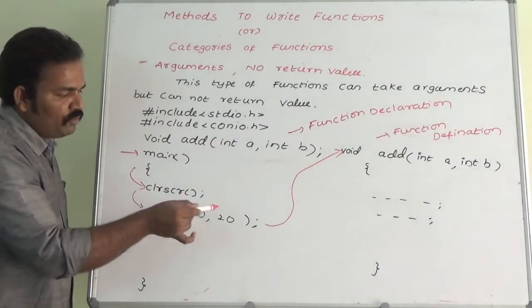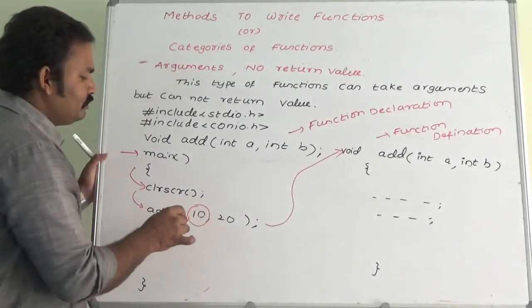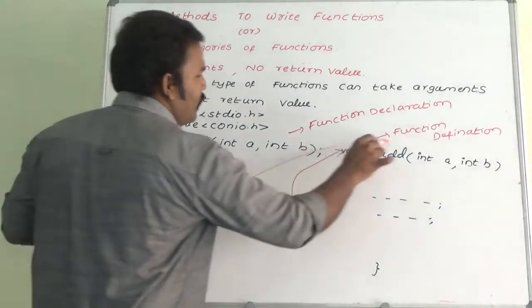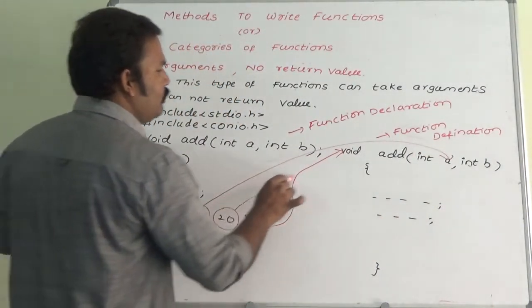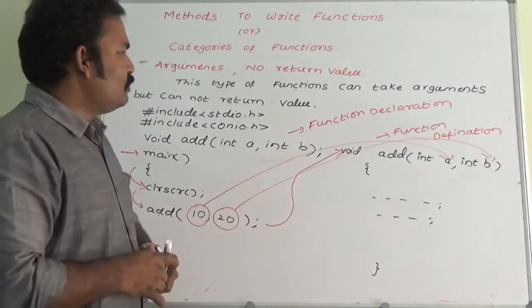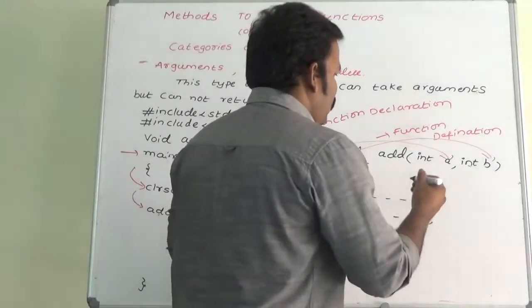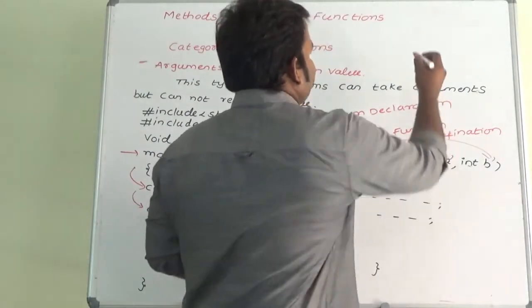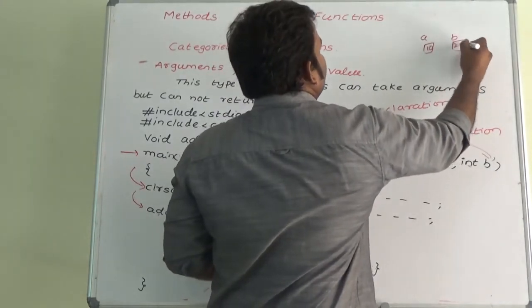The first value will be received by the a variable, and the second value by the b variable. So 10 is received by a, 20 is received by b.